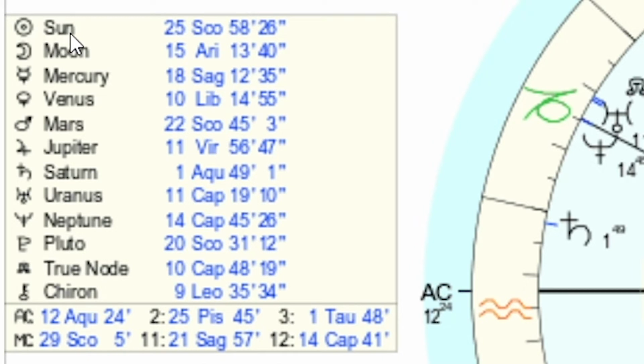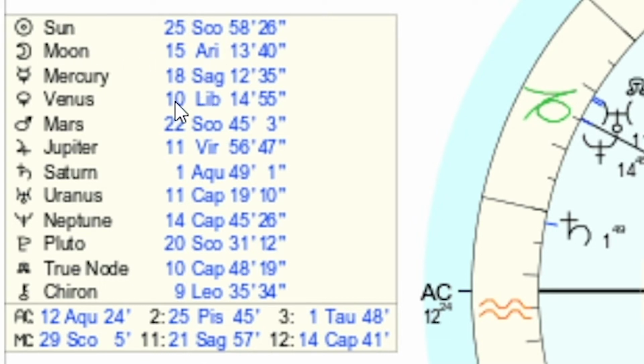But coming back to this chart, if you follow it through, you will see a number, a couple letters, and more numbers. So these letters in the middle right here are going to be the sign that the planet is in. So you can see here that my sun is in Scorpio, my moon is in Aries, my Mercury is in Sagittarius.